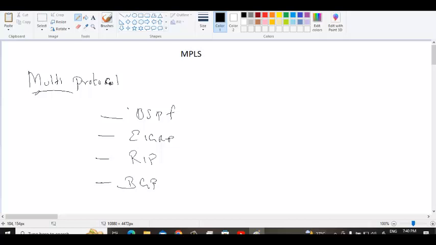Router looks for the destination IP address. When it finds the destination IP address, using which the routes will be identified in the routing table, the packet will be routed, isn't it?